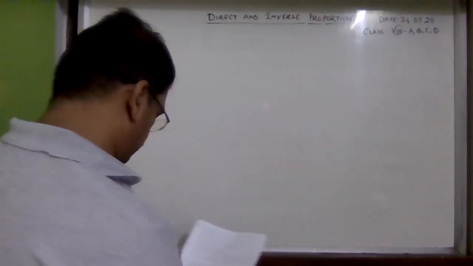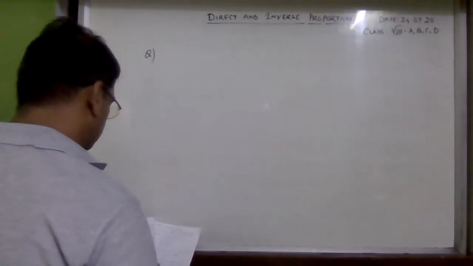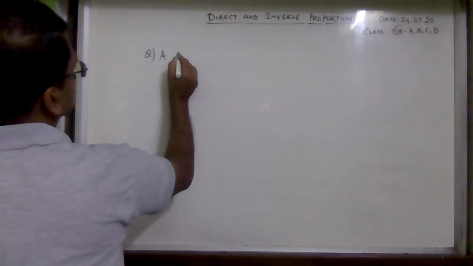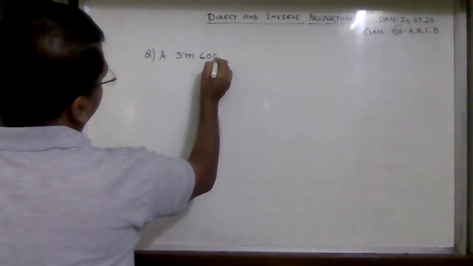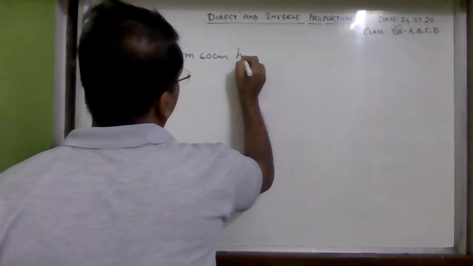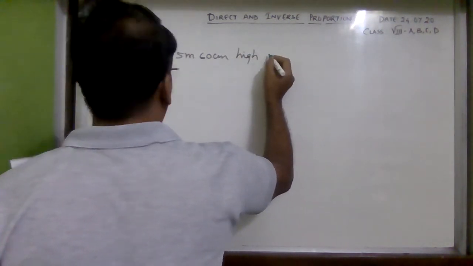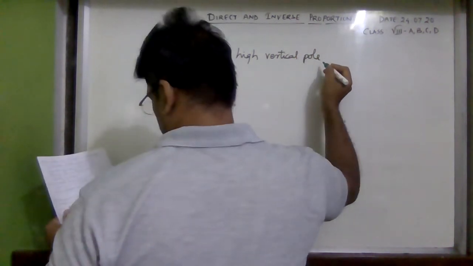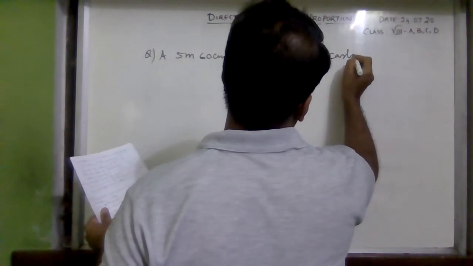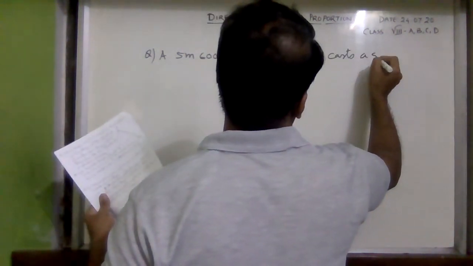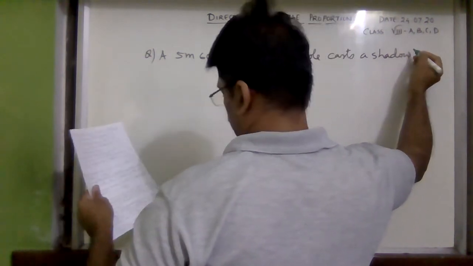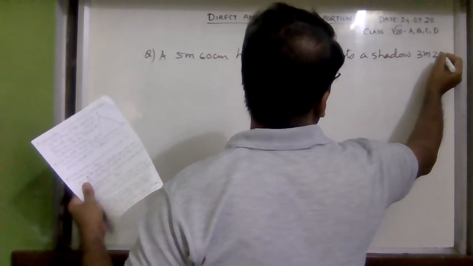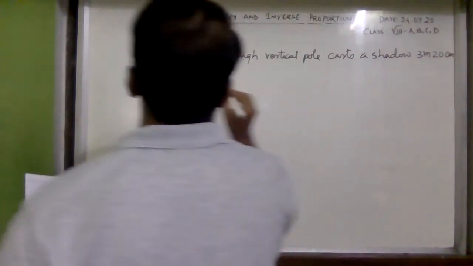Okay, the next question is: a 5 meter 60 centimeter high vertical pole casts a shadow 3 meter 20 centimeter long.